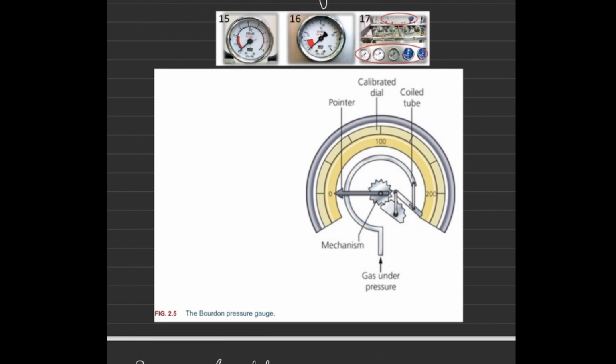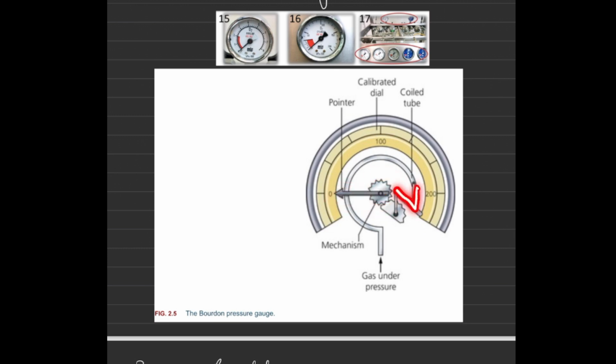There are three parts. There is a coiled tube, which has an open end and a sealed end. The sealed end is connected, through a mechanical system, to a pointer.